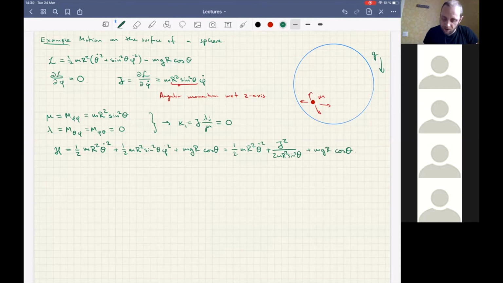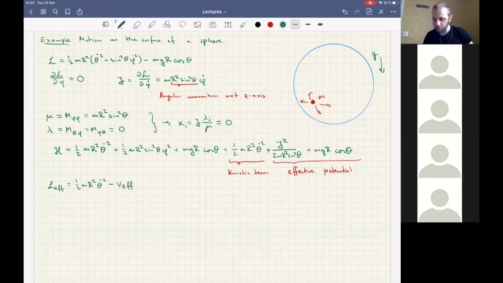Since our kappa was 0, this is going to be our kinetic term, and this is our effective potential. So our effective Lagrangian in this case is the same thing, but with a changed sign for the effective potential: 1/2 m r squared theta dot squared minus the effective potential.